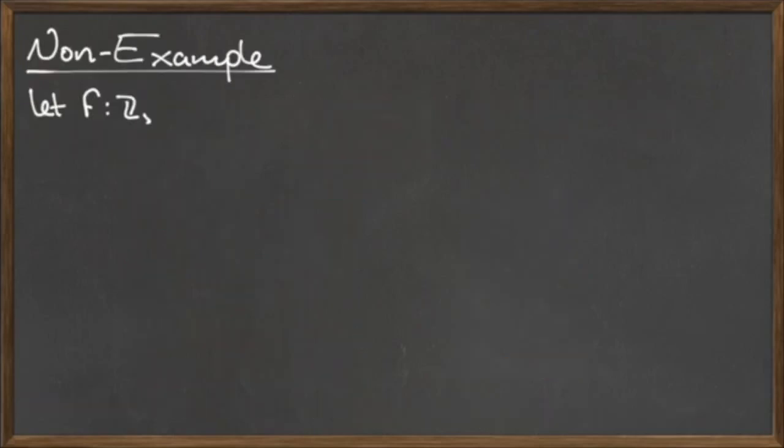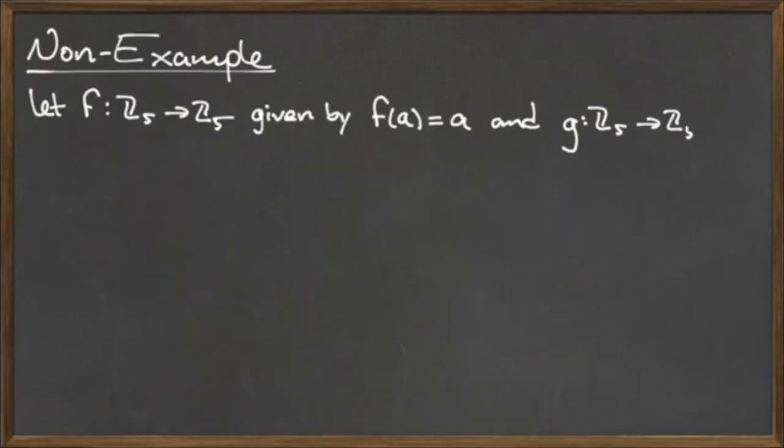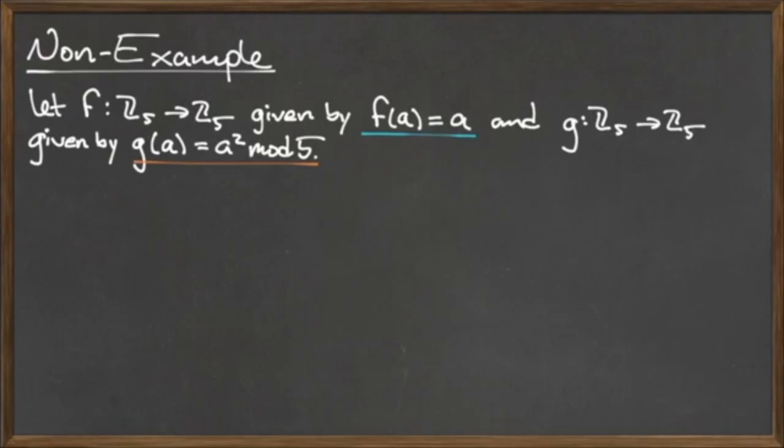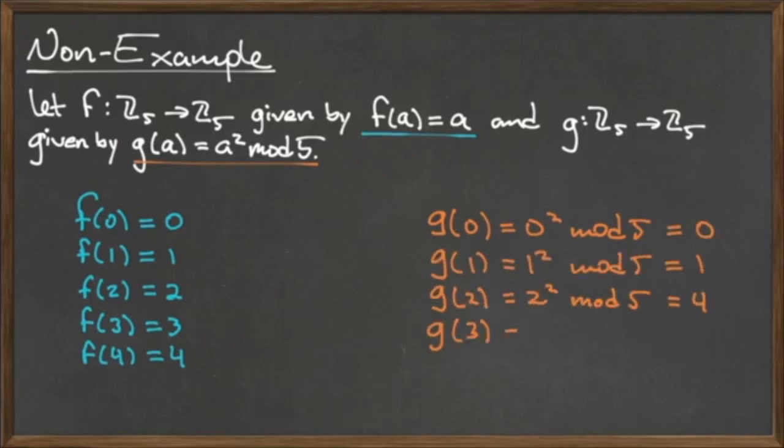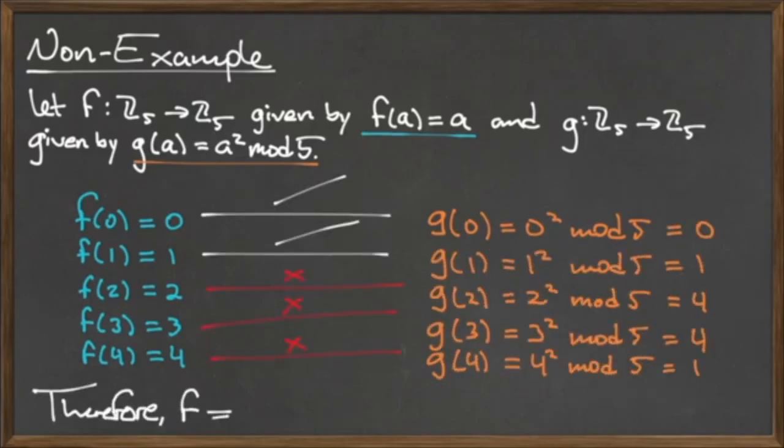Now we'll show an example of two functions that are not equal. Let f be a function from Z5 to Z5, given by f(a) = a, and g be a function from Z5 to Z5, given by g(a) = a squared mod 5. Remember that for two functions to be equal, their output values must be the same for all input values in the domain, not just a few.